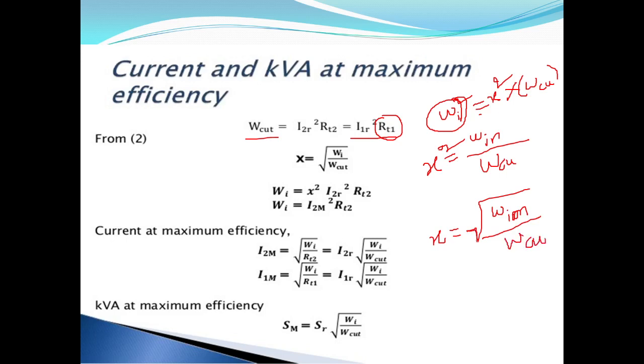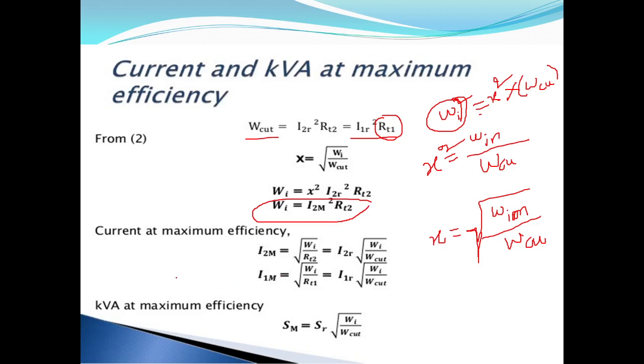This square root is over both the numerator as well as the denominator. So Wi is equal to x square into I2 square into R2T, whereas the iron losses occurring in the magnetic field we can write as Im square into R0.